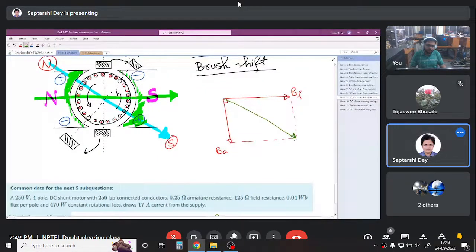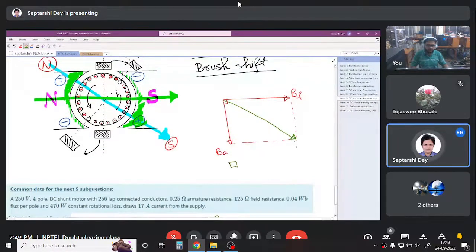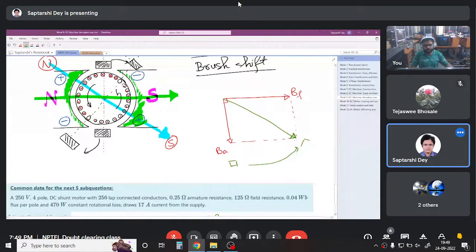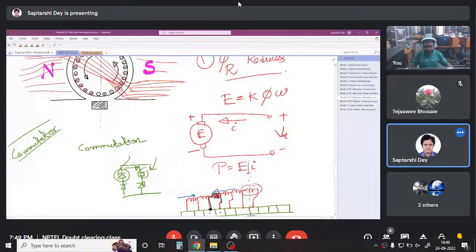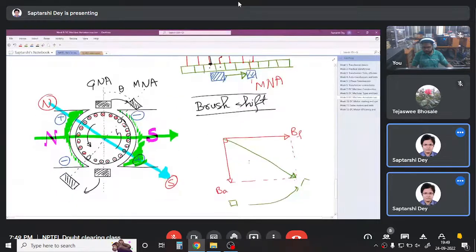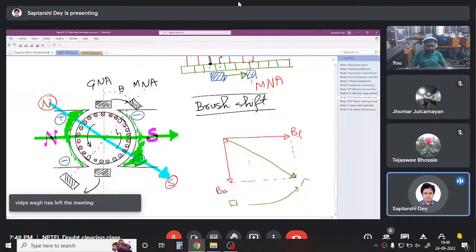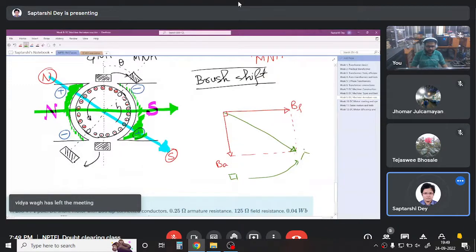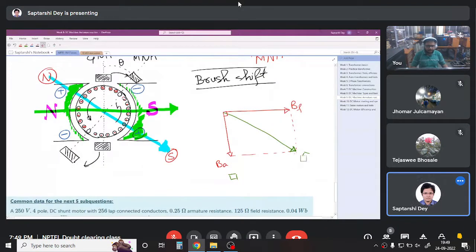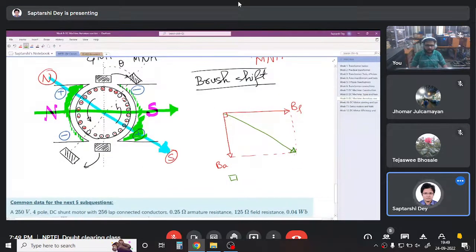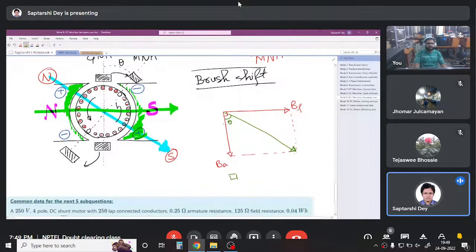No problem. So initially I thought that I should keep my brushes here, but then I saw that no, I have to shift my brushes here. Oh, am I correct? The other way around. Okay, anyway. So this angle theta dictated our brush shift, how much we need to shift the brush mechanically.